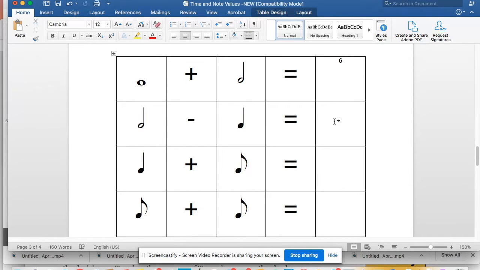Okay, let's hit these answers up real quick. This is half note, 2 minus 1, answer's 1. We've got 1 quarter note plus half, 1.5. And we've got half plus half. Half plus half is 1.